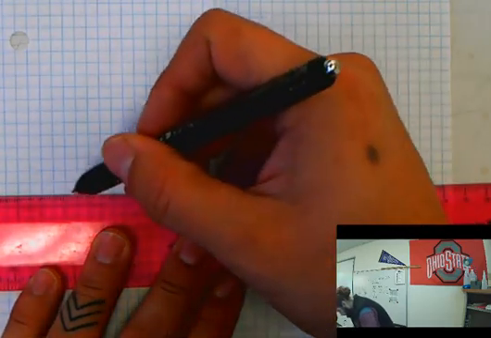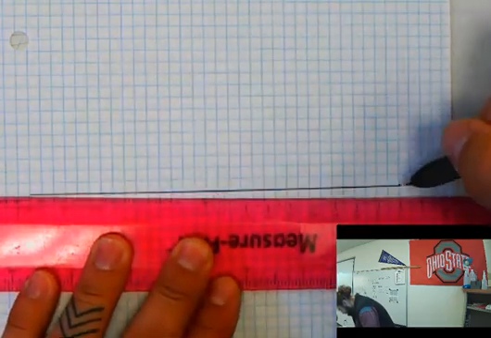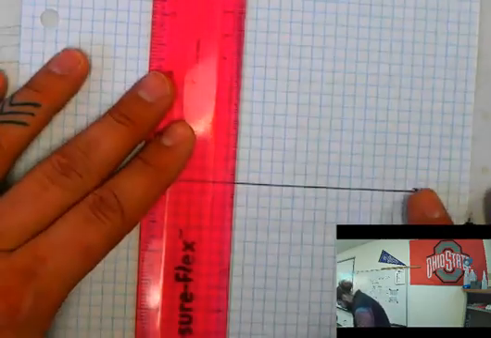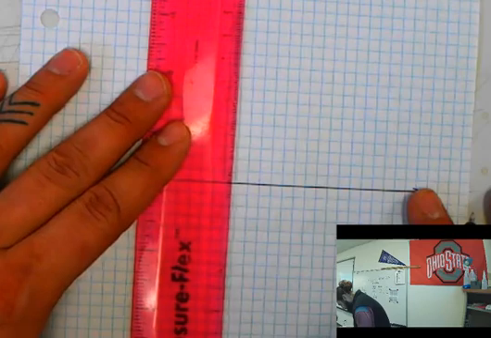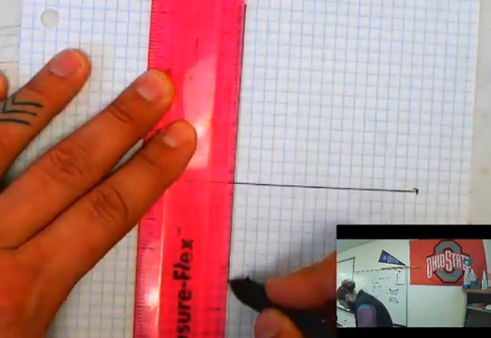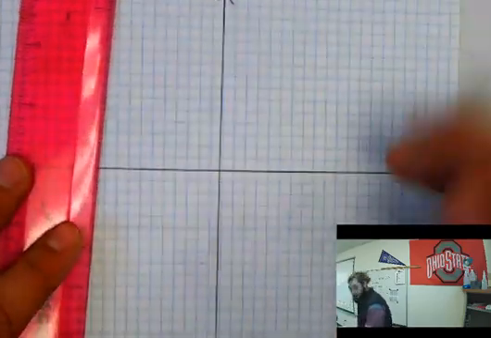Luckily for us, we've got lots of potential dots here. We're going to need to actually go more down than we are up, and that's okay.